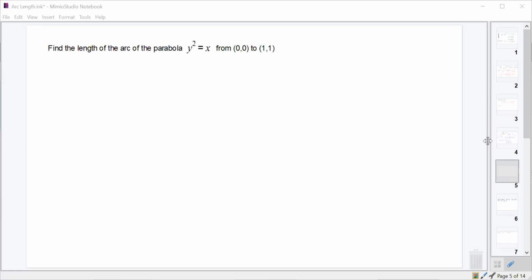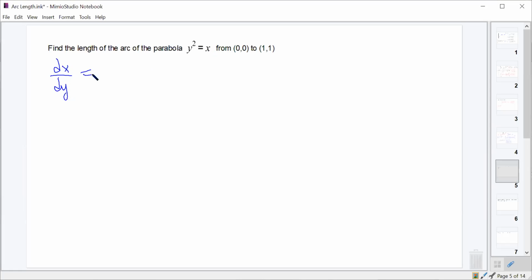Instead of doing this as y equals the square root of x and finding the derivative of root x, which isn't that hard, we can also do it in terms of y. And so then instead of finding dy dx, we'll just find the derivative of x with respect to y. We'll find dx dy.